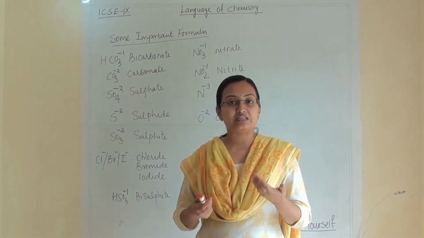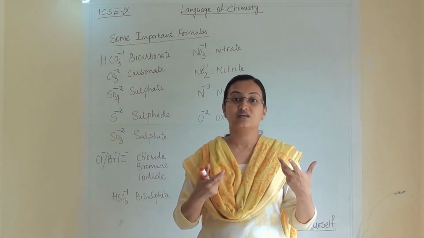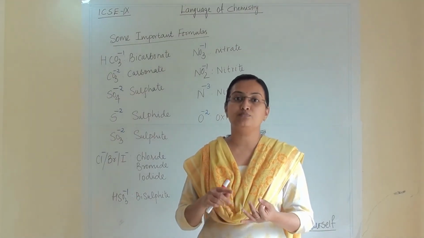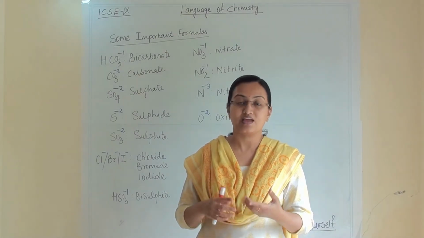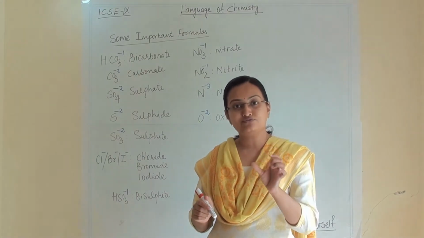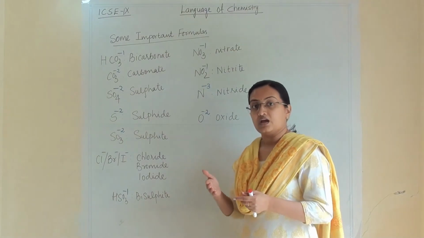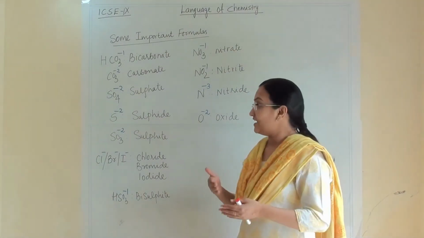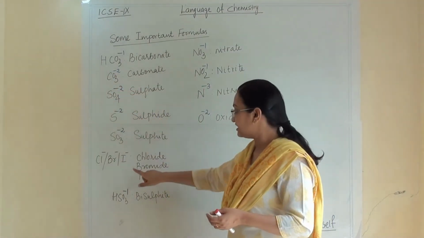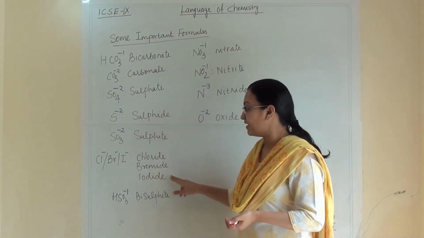It is very easy with positive ions, because positive ions always come from metals: sodium, aluminium, potassium, calcium and so on. So it is easy to write the name of the positive ion, which comes first. But the second ion is a negative ion, and sometimes there are polyatomic ions. If it is a single ion, then it is easy: chloride, bromide and iodide.